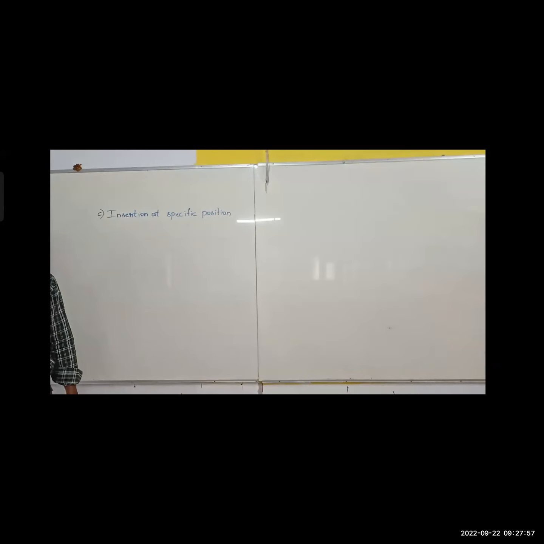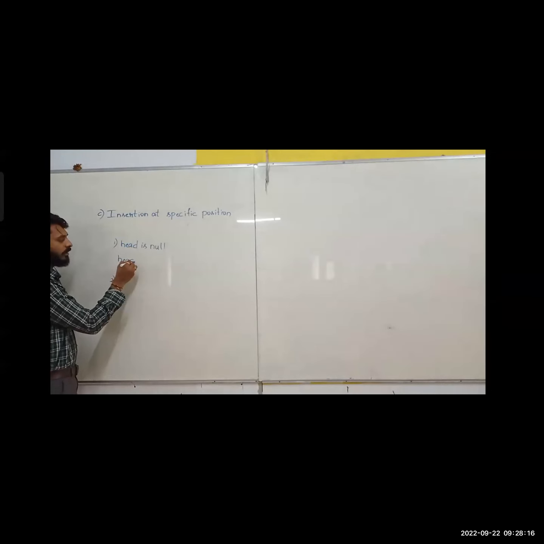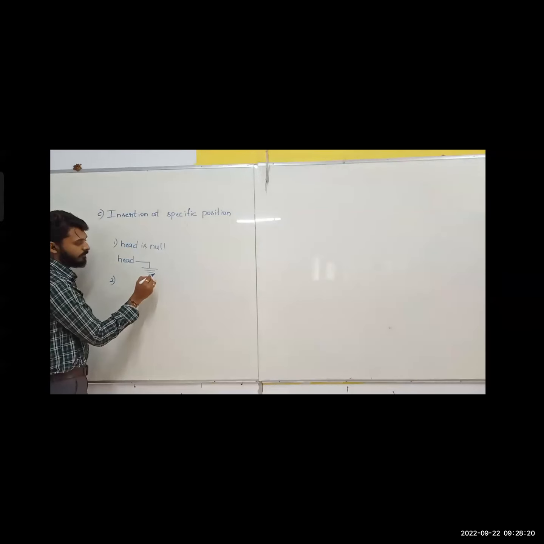How to do it? Now in this, I should consider two cases. Which is the first case? Null. Here there will be your head, and head is pointing to null. And which is the second case?